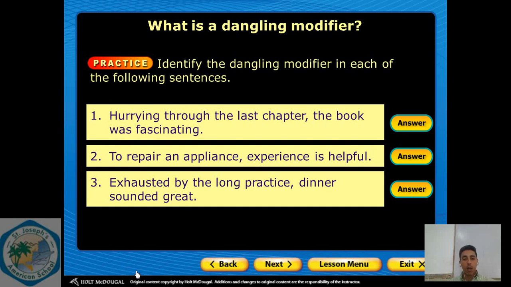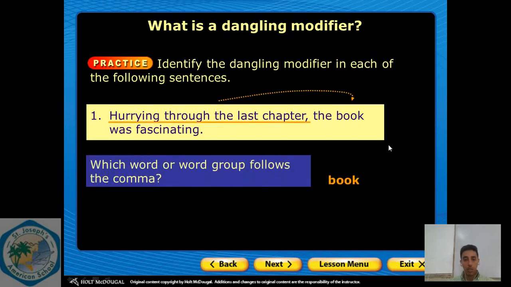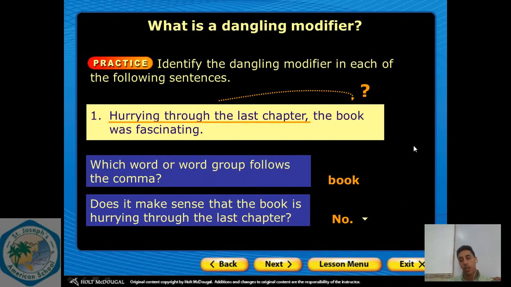"To repair an appliance, experience is helpful." I must be the person, or someone else should be repairing, not the experience. "Exhausted by the long practice," exhausted, tired by the long practice, "dinner sounded great"? No. So all of those sentences have dangling modifiers.